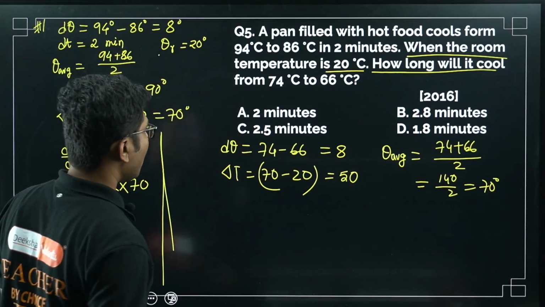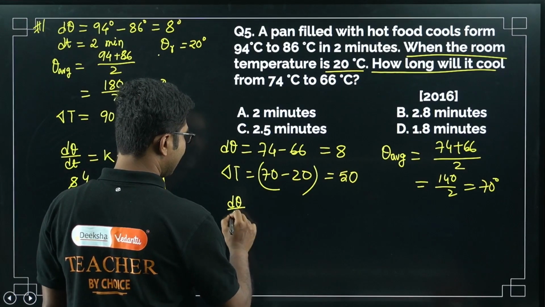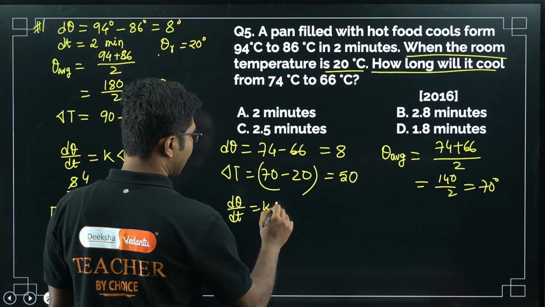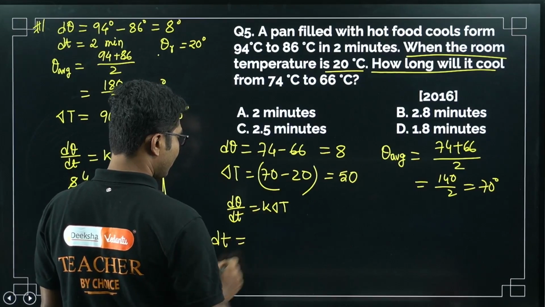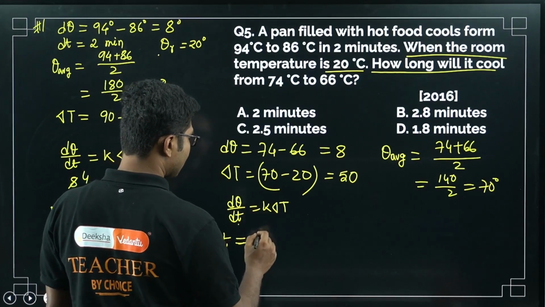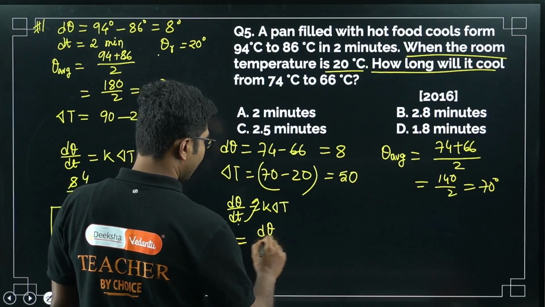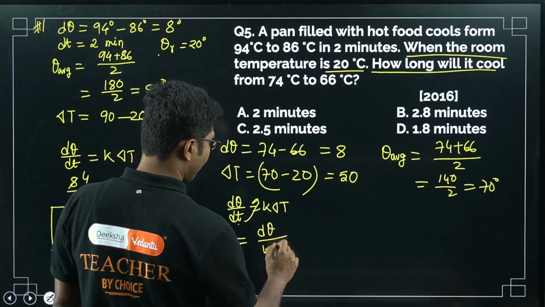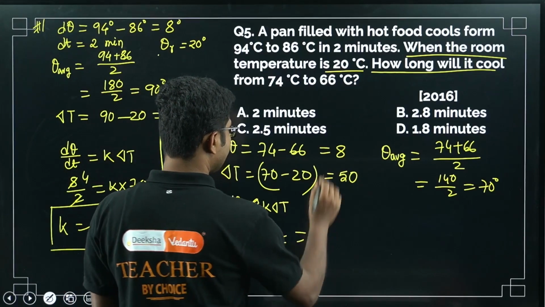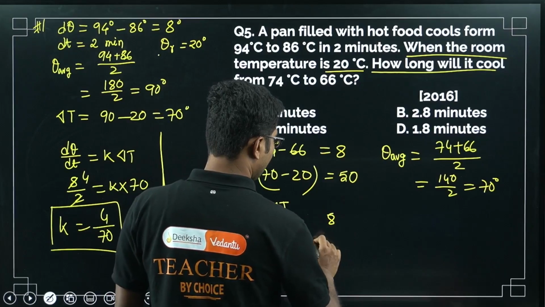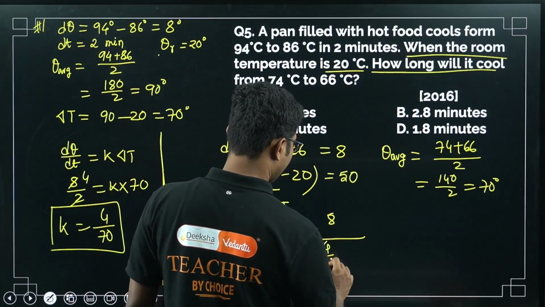Okay, so let's now apply the law of cooling again. D theta by dt equals K delta T, or let me write it like this: dt will be d theta divided by K delta T. Okay, this is much easier. So d theta in this case is 8. K is 4 by 70.